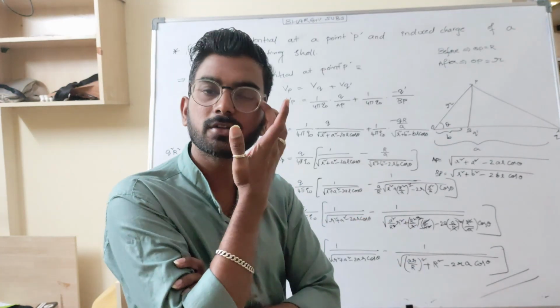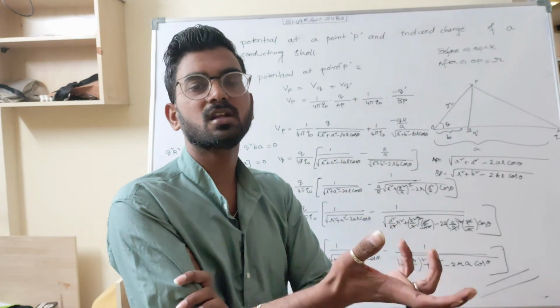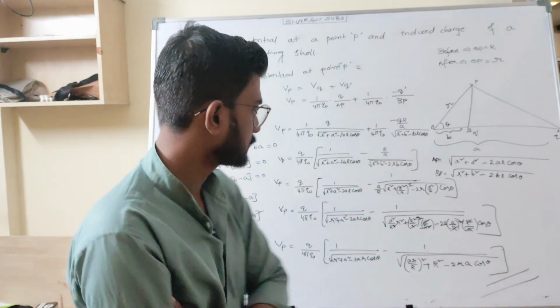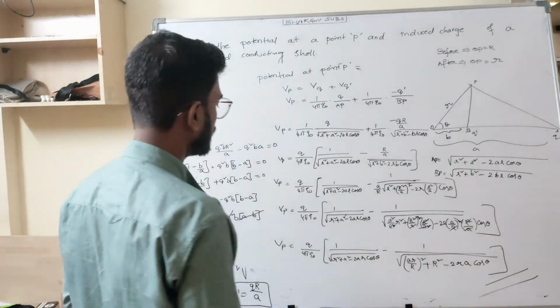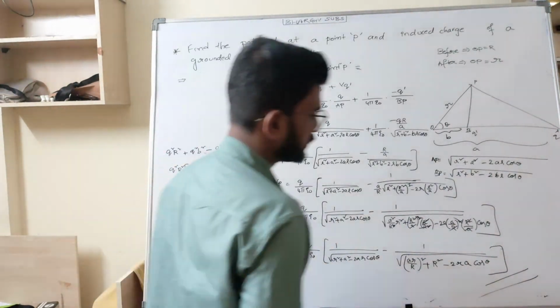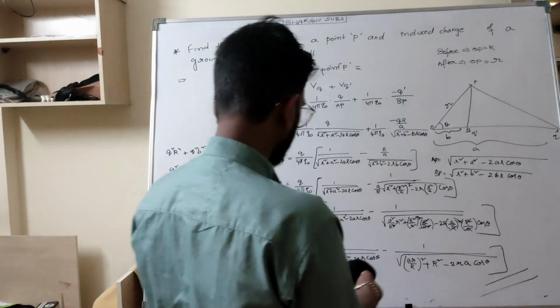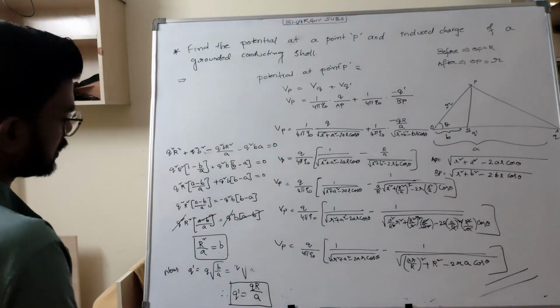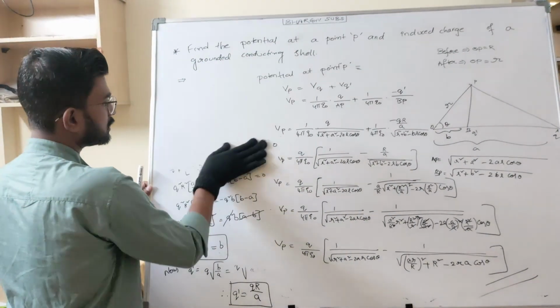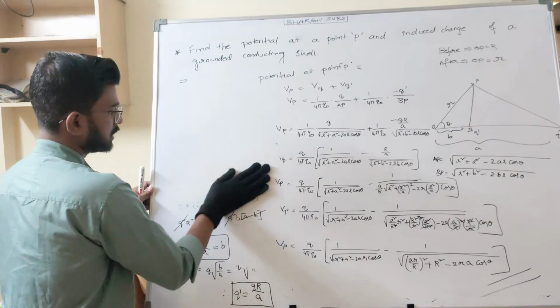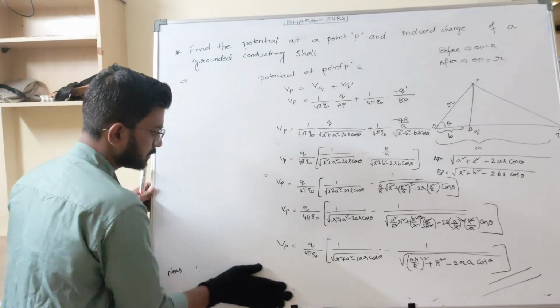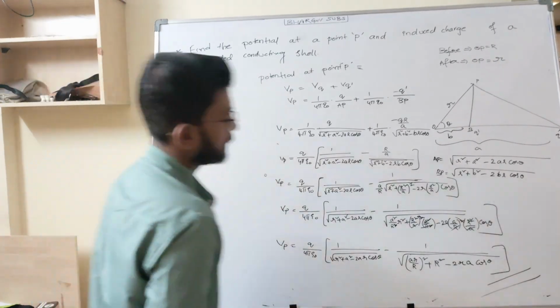Capital R, because it is present on the surface, the radius of the conducting sphere. So what will I get to confirm this? Let us check whether the potential is correct or not, because you have to get potential on the surface. If you consider the surface of the conducting sphere, you have to get 0, correct?